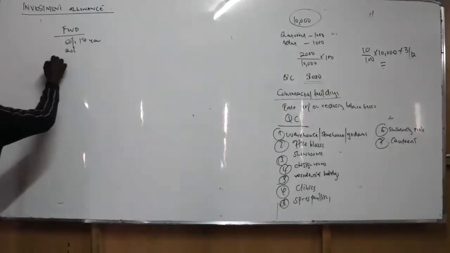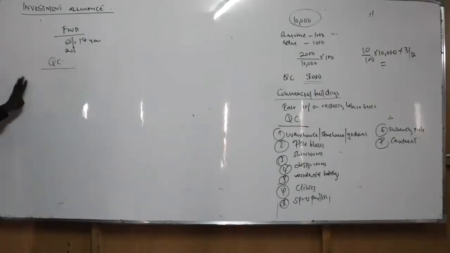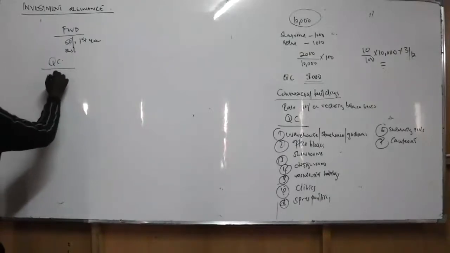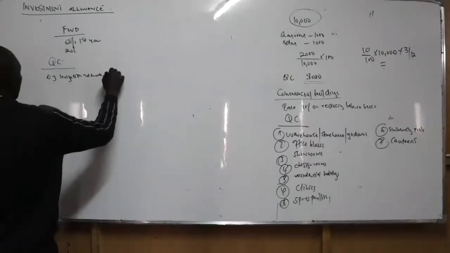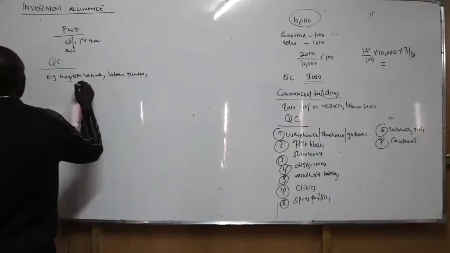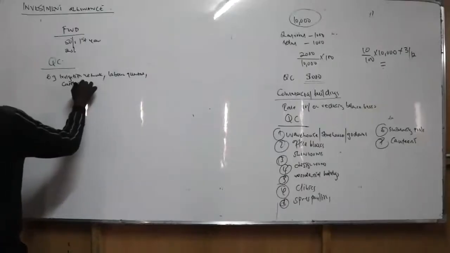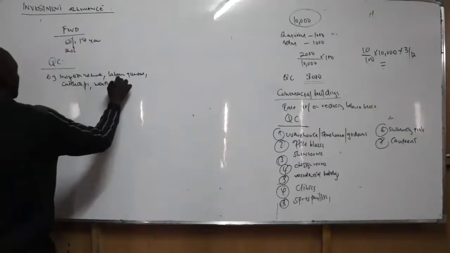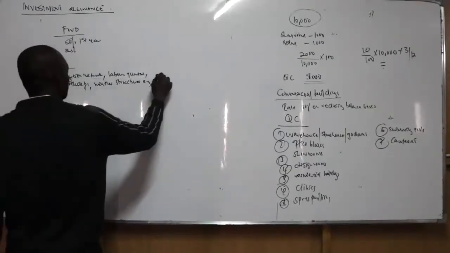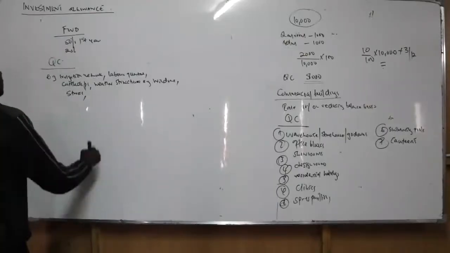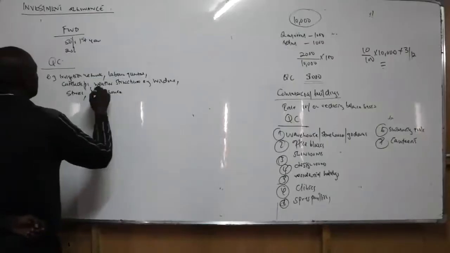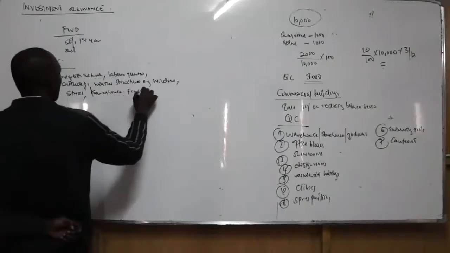So the qualifying costs here are assets or immovable structures in the farm that assist the farming business, e.g., irrigation network, labor quarters, cattle dips, weather structures, e.g. wind vane, the storehouse or granary, the farmhouse, fencings, fencing system.